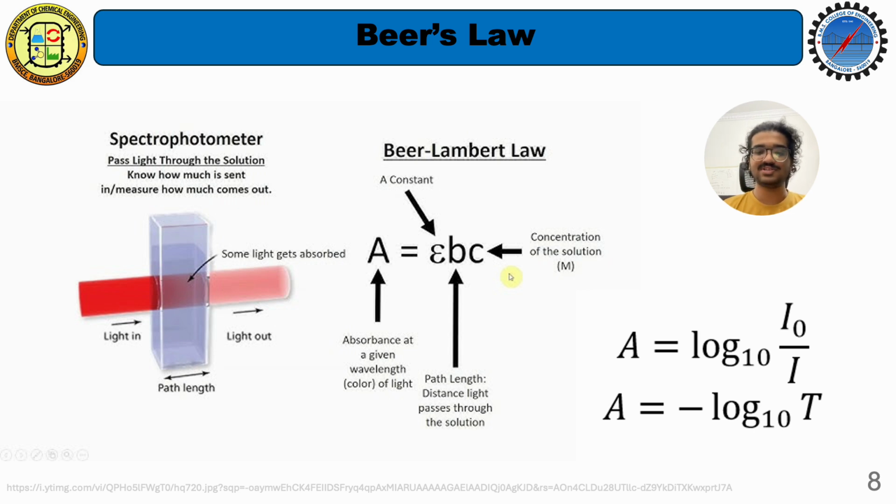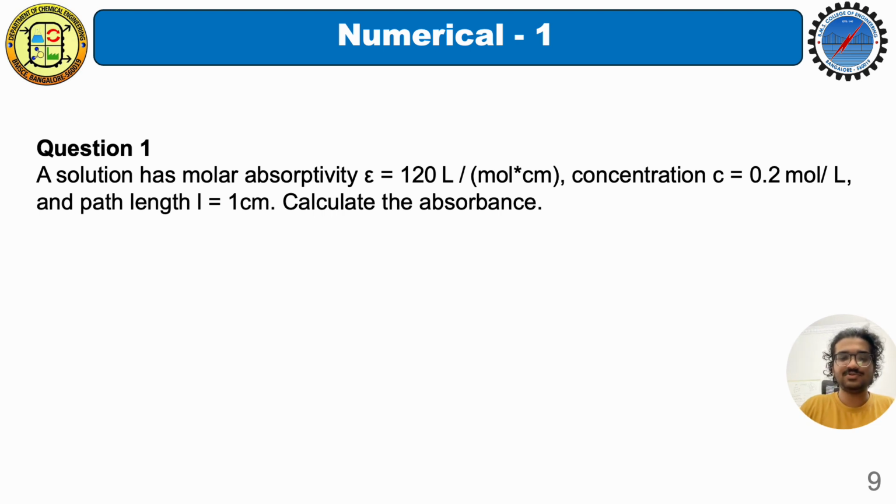Further, absorbance can be equated to the negative log to the base 10 of the transmittance of the sample. The transmittance is equal to the outgoing intensity of radiation divided by the incident intensity of the radiation, and this is known as transmittance. So let's proceed to numericals.